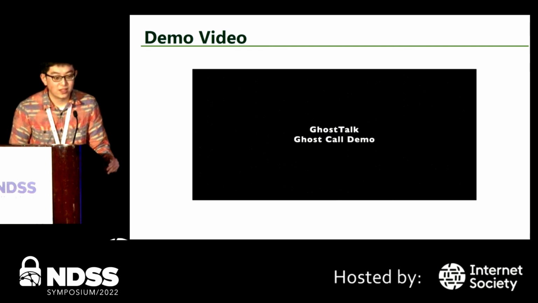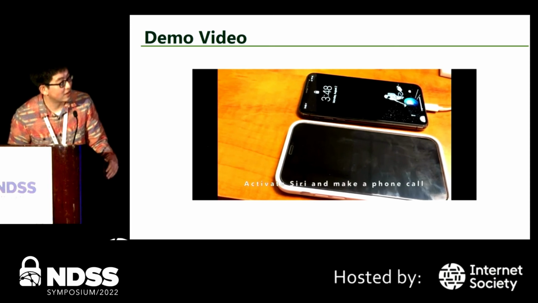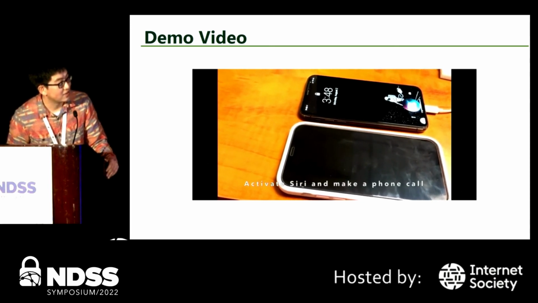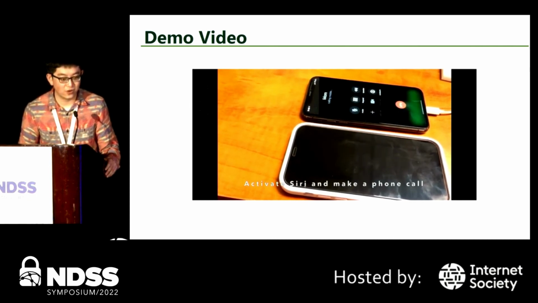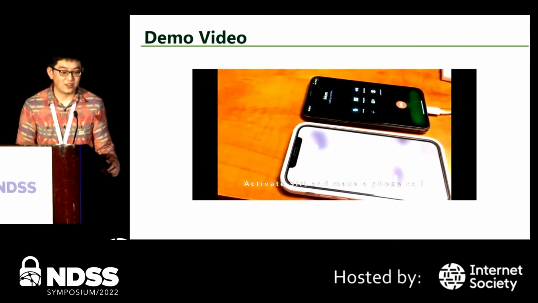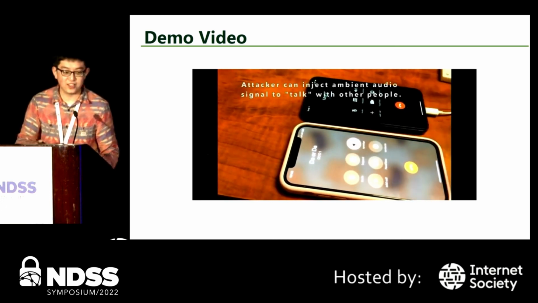And also, we can launch the ghost phone call like this. First, I use the voice assistant to make a phone call, and if the other user answers this phone call, I can inject any audio signal to talk with him.